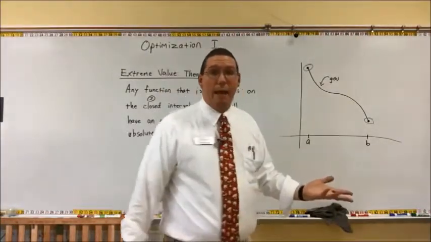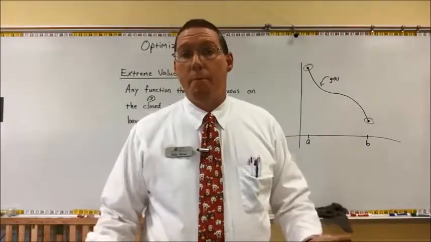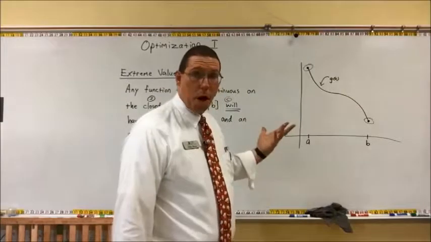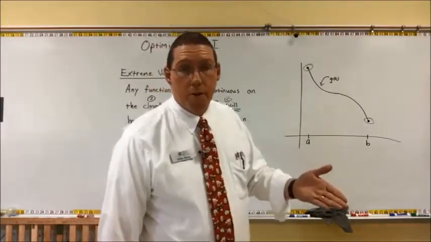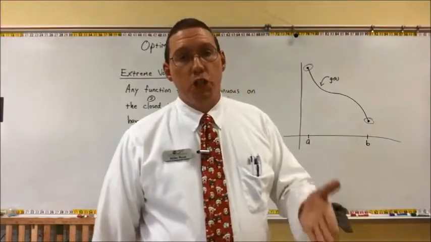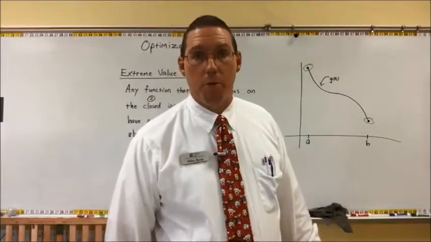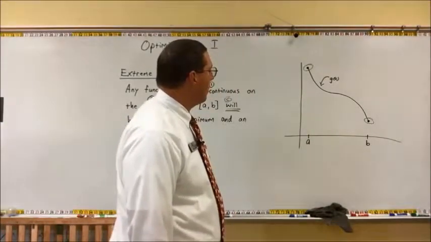So it's okay on the interval for the maximum and the minimum to be at the endpoints. That's okay, and that happens a lot. When we do some problems later where we're trying to identify the maximum and minimum, one of the things you have to understand is we always check the endpoints to see if that's where the maximum or the minimum are, okay? So this is another possible situation that you'll face.